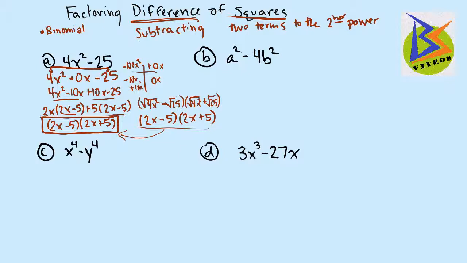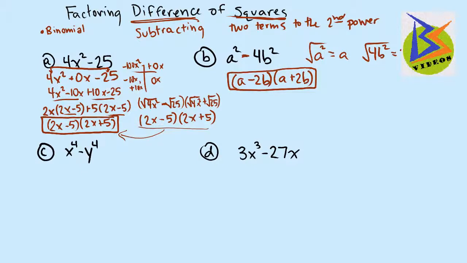Let's take a look at B and see if we can apply that rule. We see that a squared has a square root of a, and 4b squared has a square root of 2b. We are subtracting, so it is a difference of squares. We take the square root of the first minus the square root of the second, times the square root of the first plus the square root of the second.